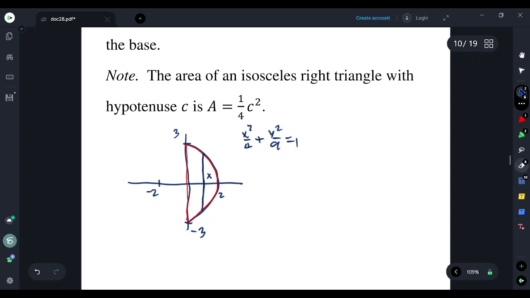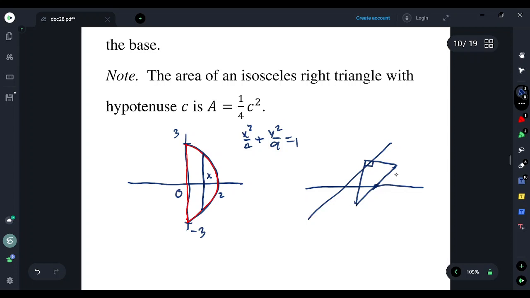We don't need negative 2, we need 0. Looking at it in 3D, you're going to see at x a right triangle cross section, and the figure shows an isosceles right triangle with the hypotenuse at the base.